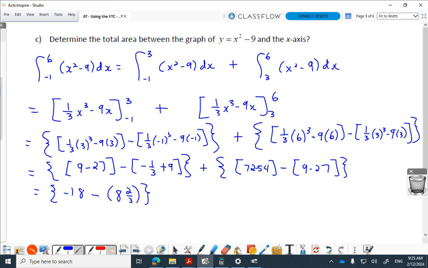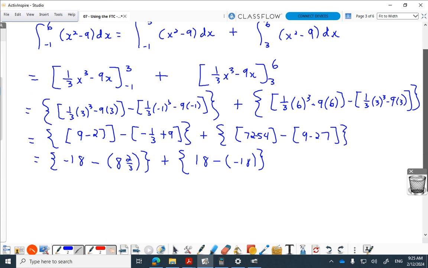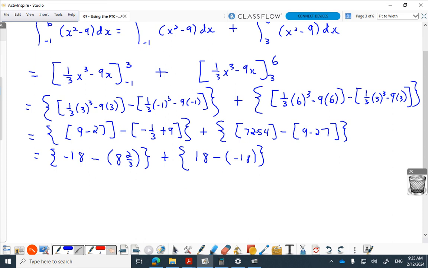Plus this bracket, 18 minus -18. So this is -26 2/3 plus 36. Now I just need you to stare at that for a second. Catch up with your copying.